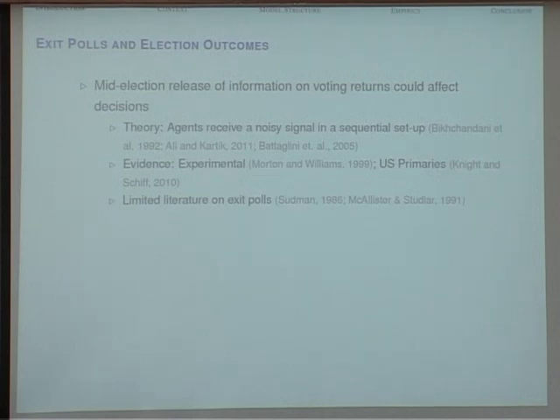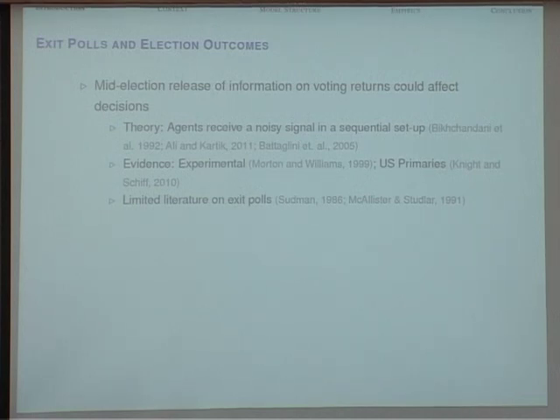This is particularly the case for US primaries, which are sequenced, where actual voting returns are released after every primary is finished. So there's a paper by Knight and Schiff that looks at momentum effects in the context of the US primaries, and they find significant momentum effects, which is that candidates in the US primaries that have gained substantial early poll leads tend to do relatively better in the later rounds.